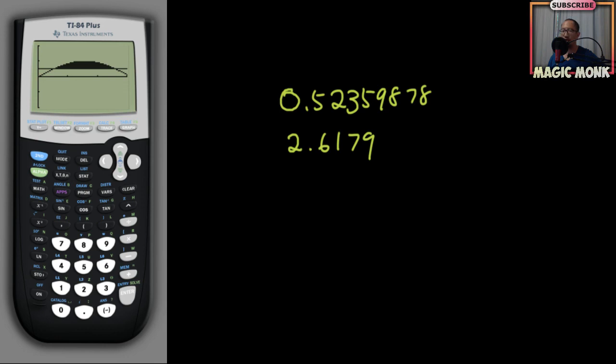So you go to quit, and then you go to math, and then you go down to number 9, which is integrate, and then you go between 0.523598778 to 2.6179, and then you just type in the equation.